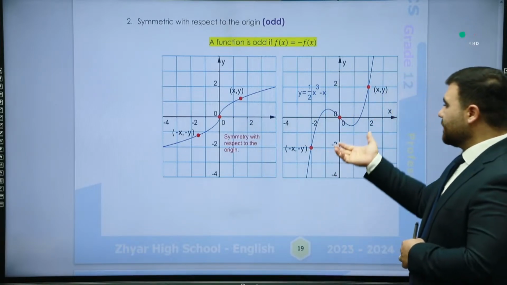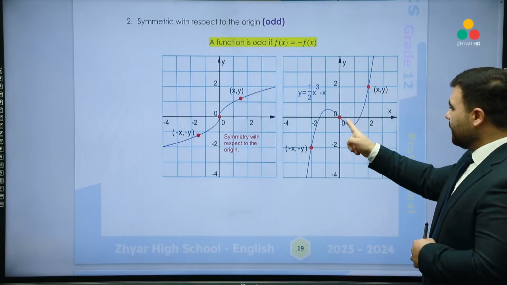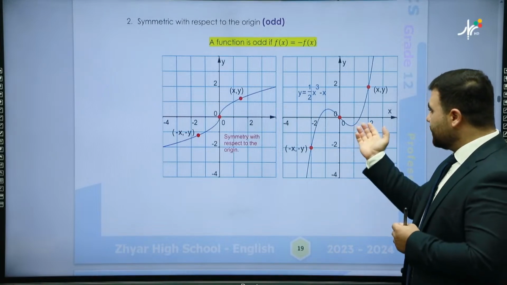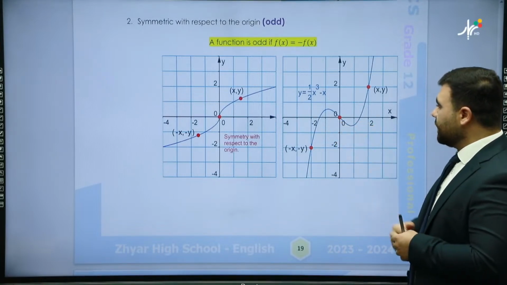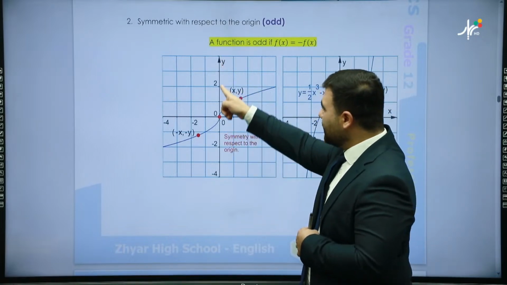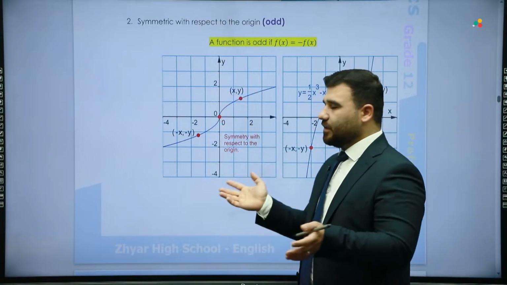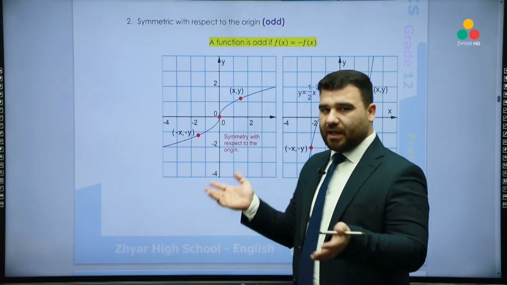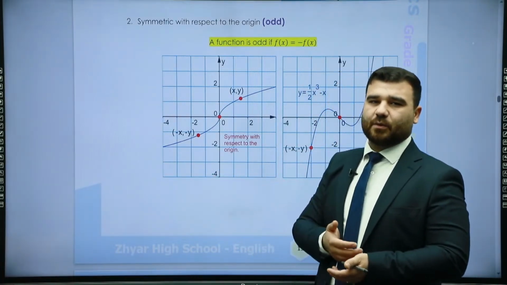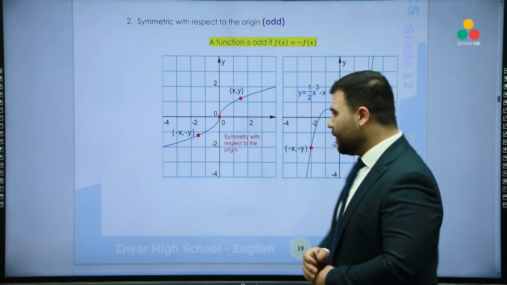Similarly here, this is a cubic function. Again, the origin cuts the graph into two identical pieces. The pieces look alike and the origin is in the middle. If we consider the y-axis here, the y-axis does not cut the graph into two identical pieces. This is why this function is called an odd function, or symmetric with respect to the origin.